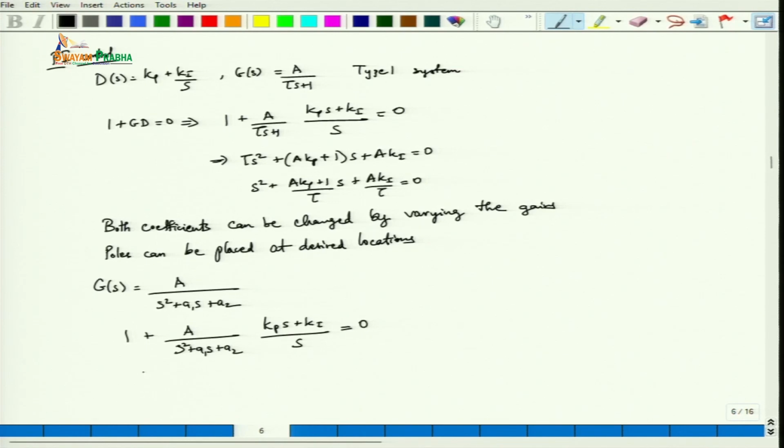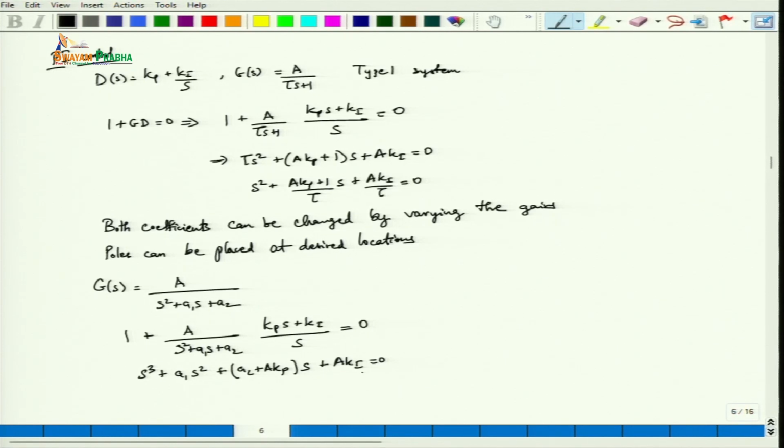In this scenario, we will have s cubed plus A1 s square plus A2 s plus A Kp s plus A times Ki equal to 0. We can club these two parts, which have a common s coefficient, together to get (A2 plus A times Kp) times s.